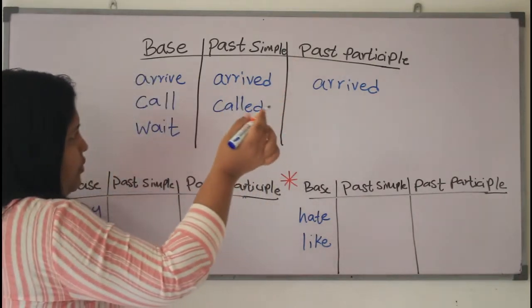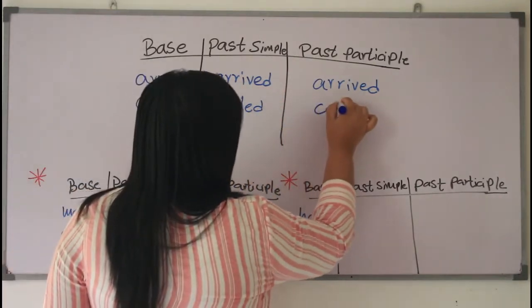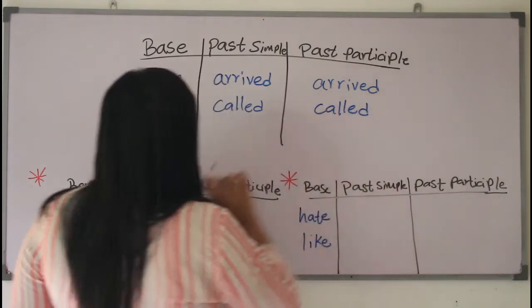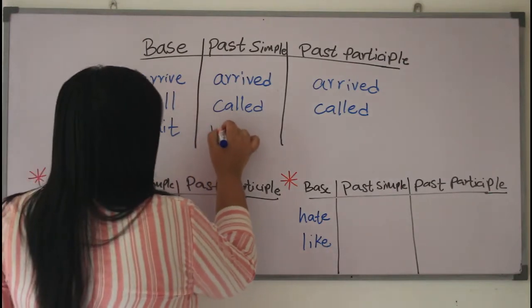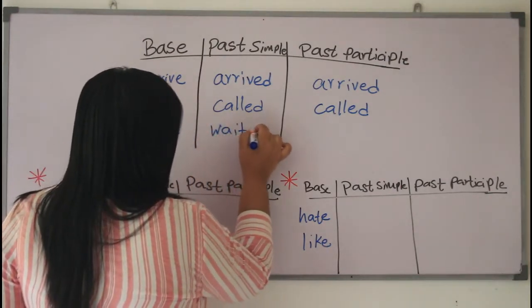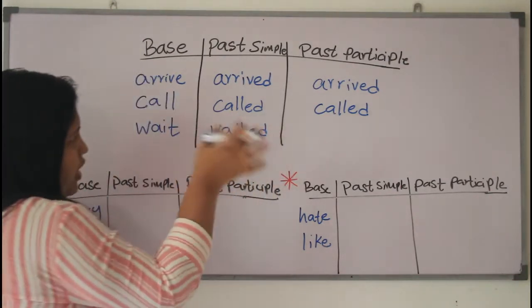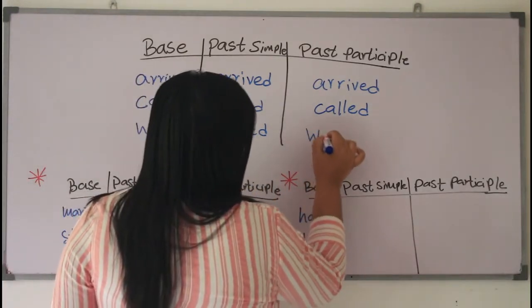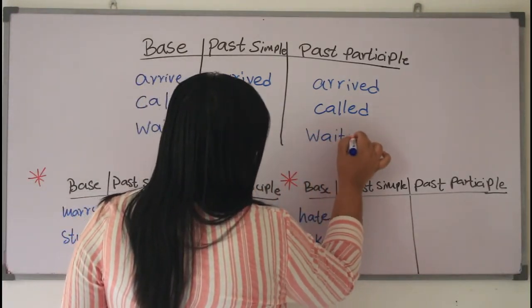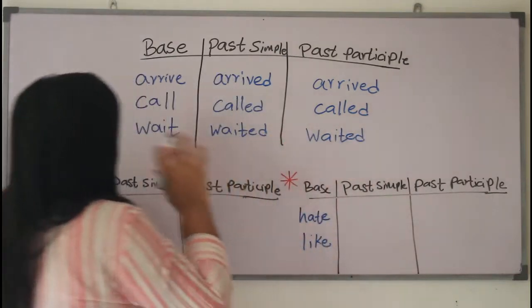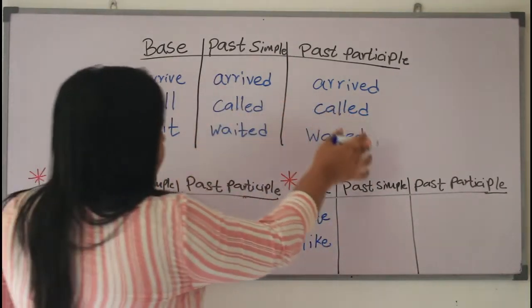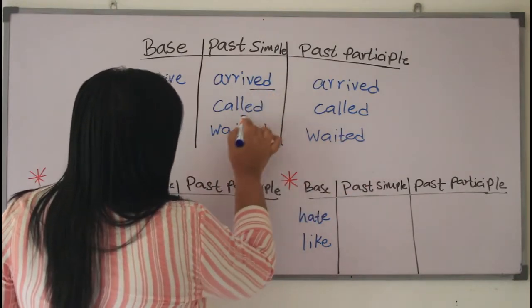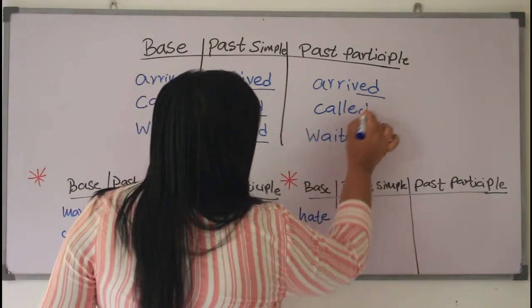Past participle form also called. Wait is the base form and past simple form is waited. And past participle form also waited. So, the regular verbs in English create the past simple and past participle by adding ed to the base form.